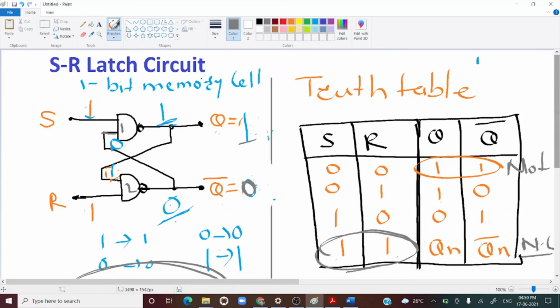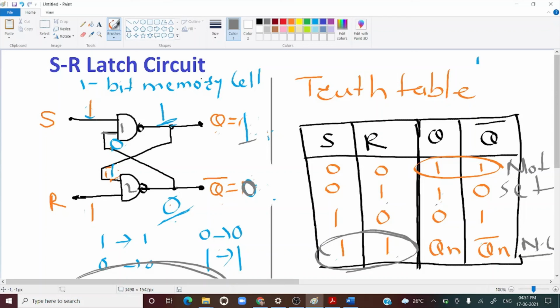So this table is very, very important. For 0, 0, the output is not allowed state because both the outputs are forced to be equal to 1. Then for 0, 1, Q is 1 and Q bar is 0. This is also called as reset condition. And for 1, 0, sorry, not reset, this is called as set condition.